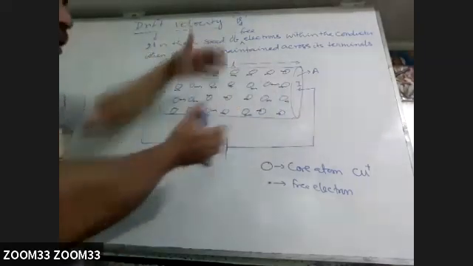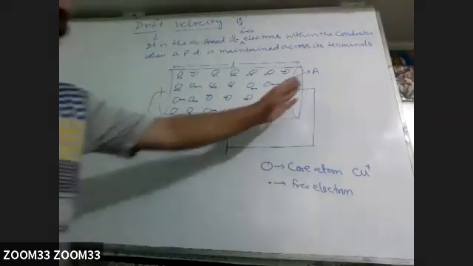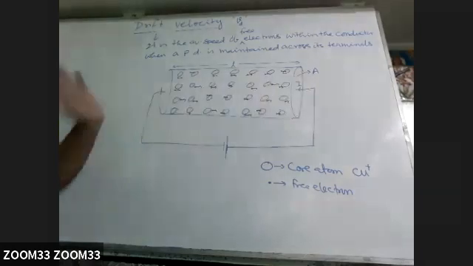We have just elongated, meaning we have magnified that figure. So the same current is passing through this wire also.